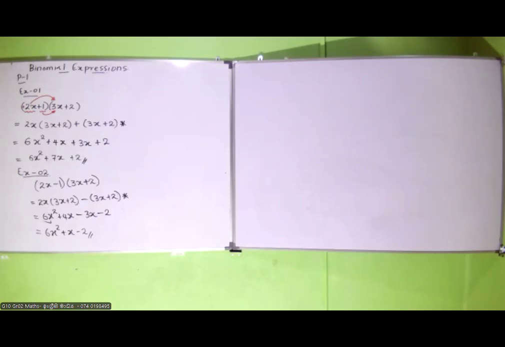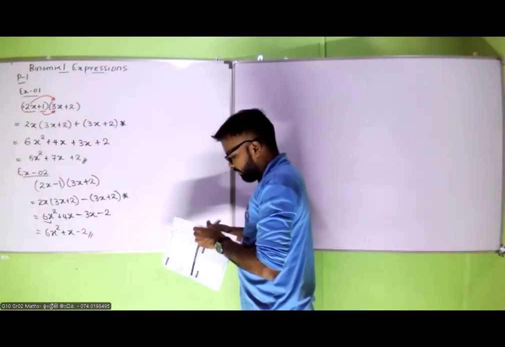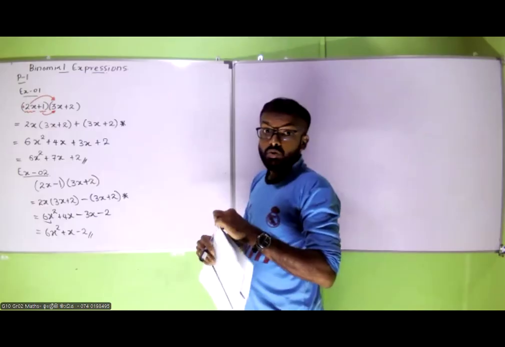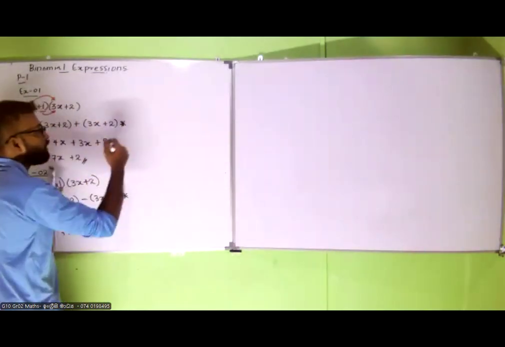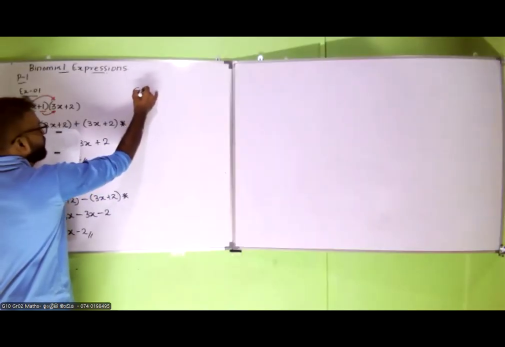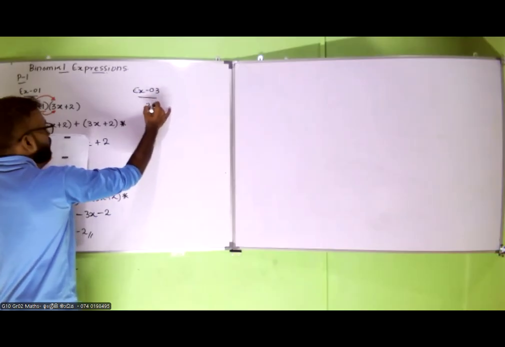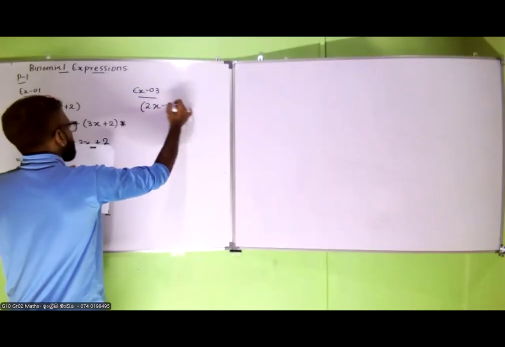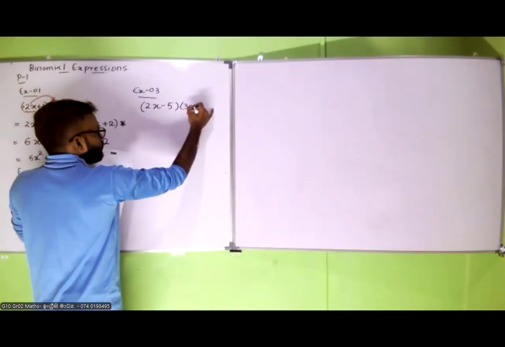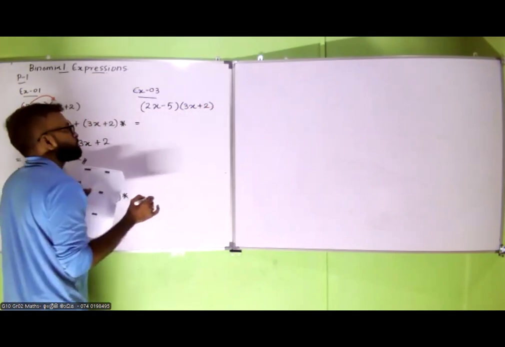Right, look at the board now. Example number 3 and example number 4. When I ask you to look at the board, look at the board. Don't do anything. Example number 3: 2x minus 5, 3x plus 2, equal mark.